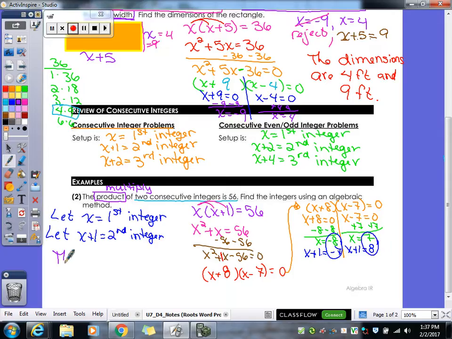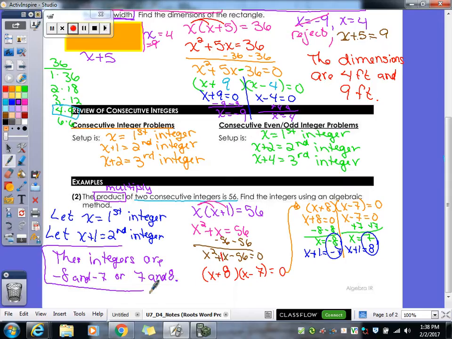So when we write our sentence, we say the integers are negative 8 and negative 7, or positive 7 and positive 8. We have 2 sets of answers for that one. Okay. Thank you.